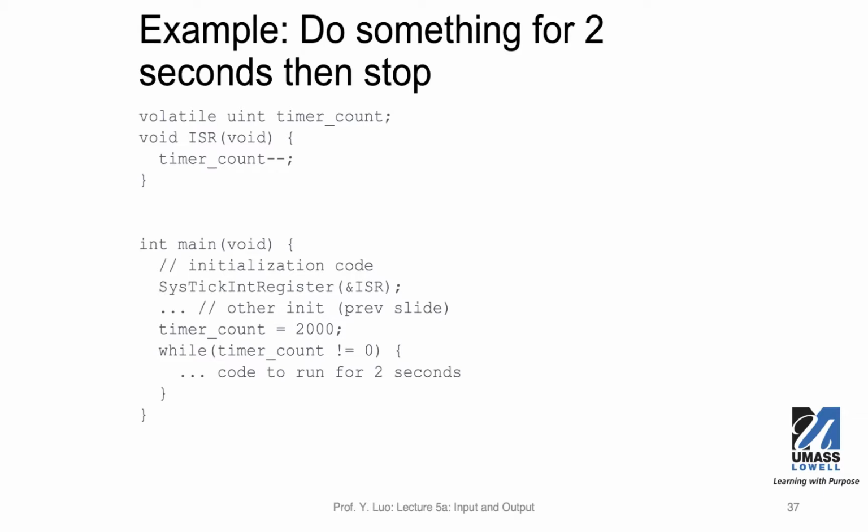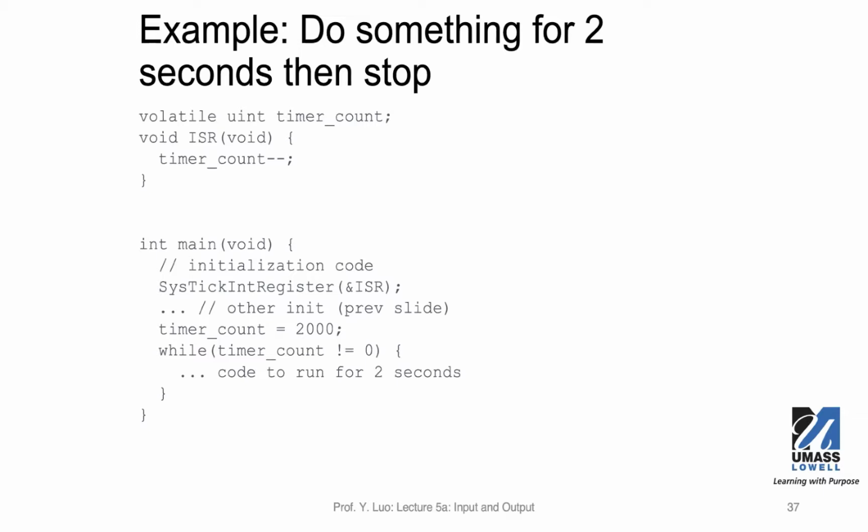Okay, so let's hypothetically look at this example where you want to do something using a timer, but you are not really doing the things infinitely. In this example, what we want to achieve is to do something for 2 seconds and then stop. It's different from your traffic light controller.